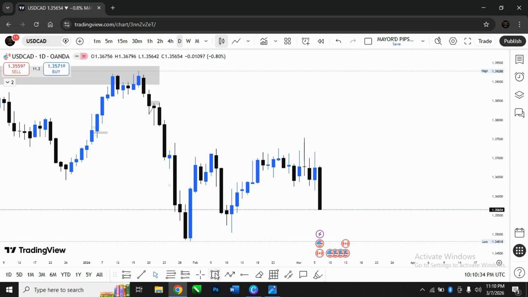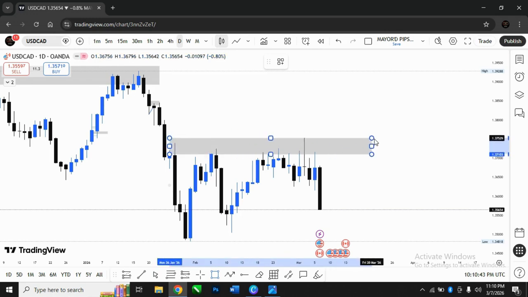Let me say I want to draw my resistance here. A beginner trader that wants to draw his or her resistance will want to cover all these wicks. Yes, this is how I used to draw my resistance and my support initially when I started trading.